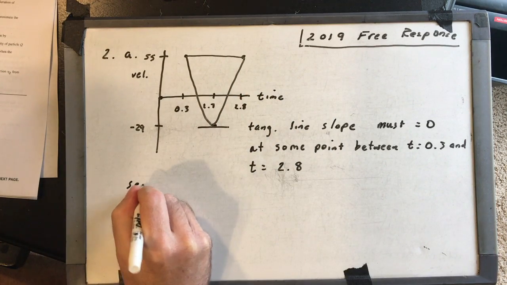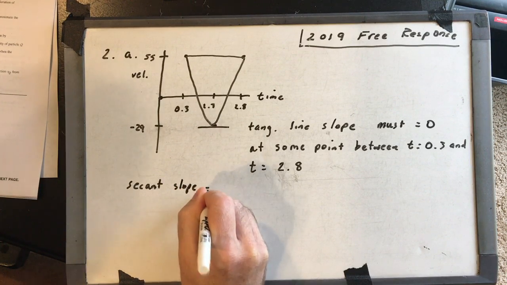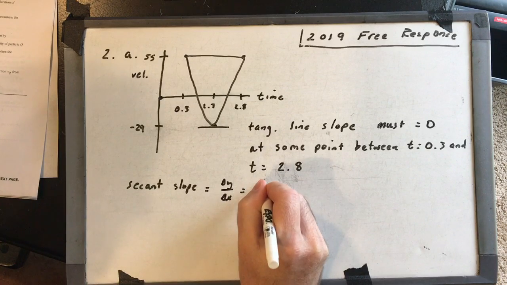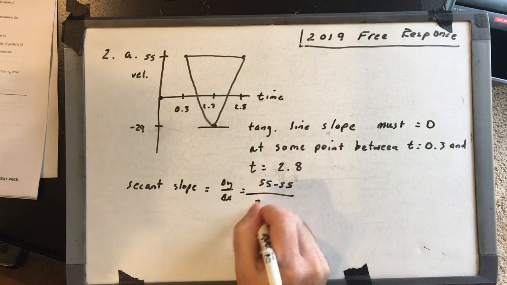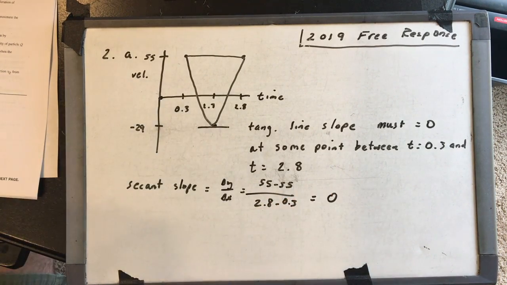The secant slope is equal to the change in y over the change in x, right? So that's 55 minus 55 over 2.8 minus 0.3. So that's just going to be 0.